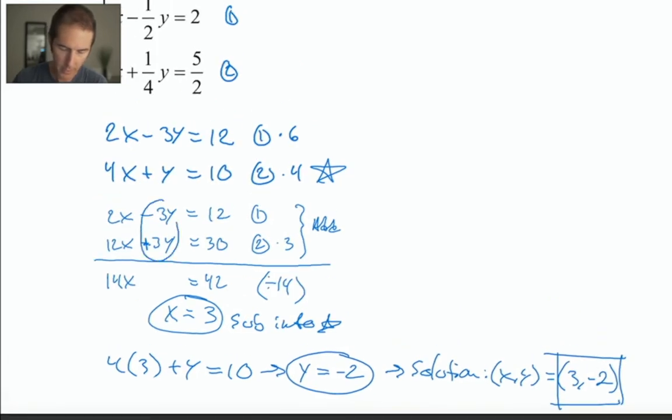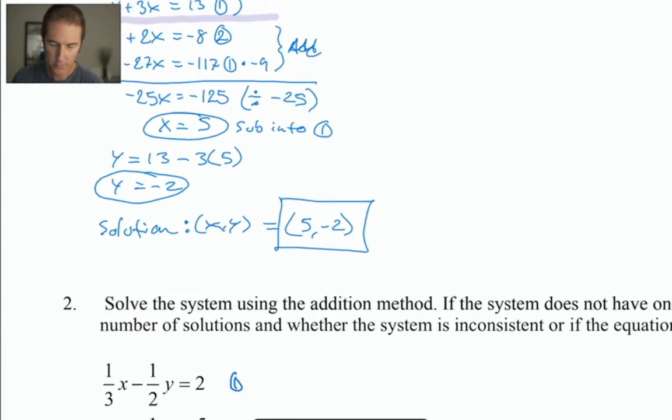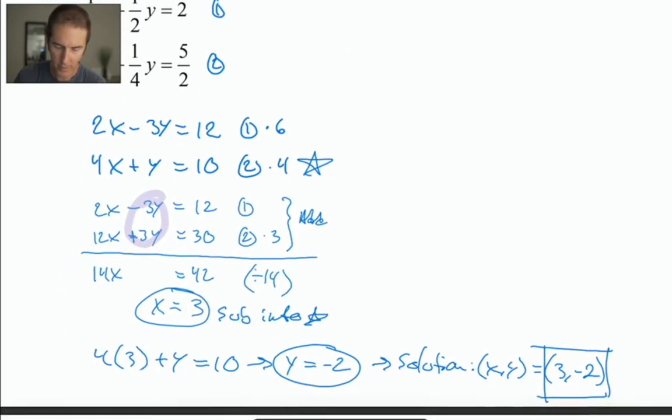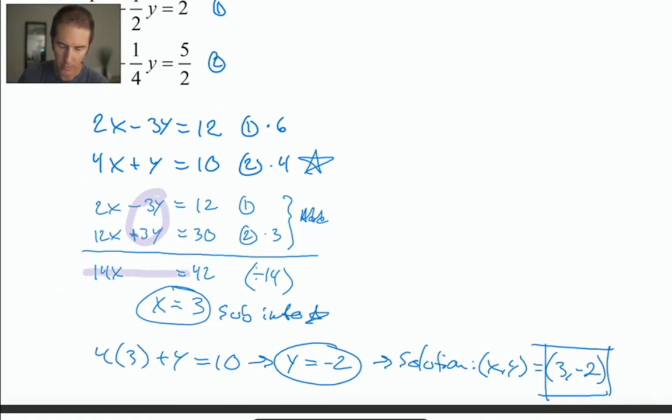So we've got a negative 3y and a positive 3y here, those added together and canceled out. In the previous problem, we had a positive 9y and a negative 9y. Those added together and canceled out, giving us one equation with one variable. That's easy to solve.